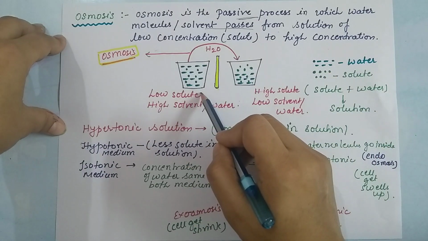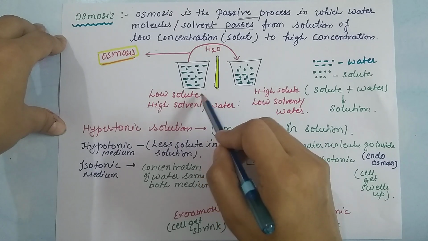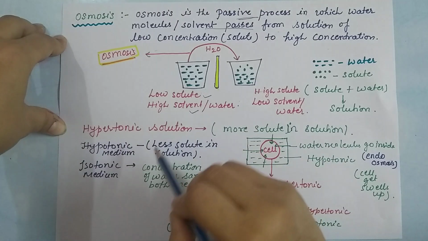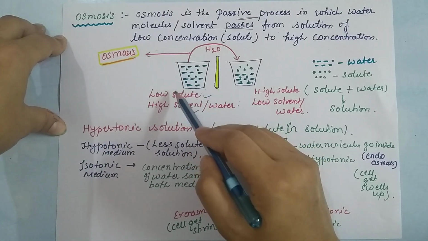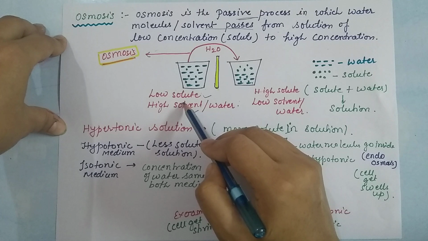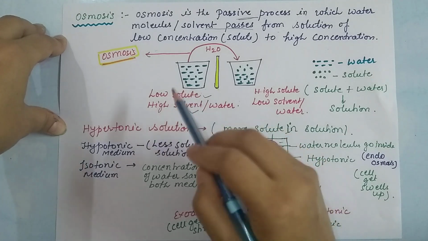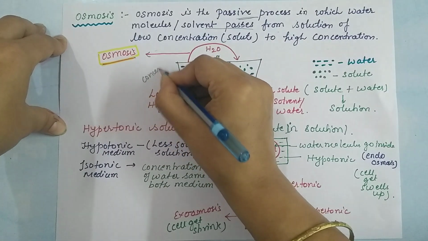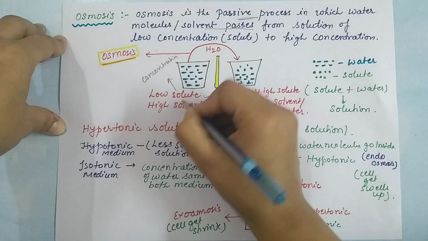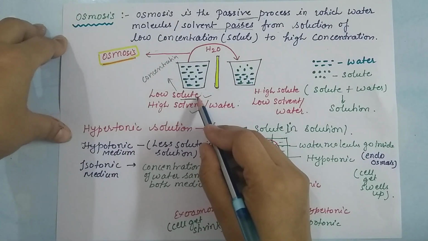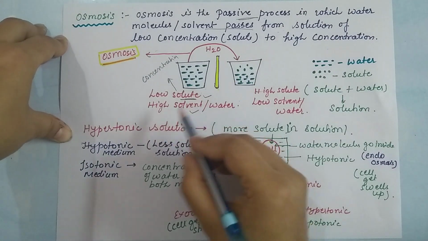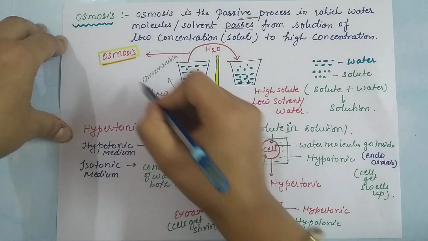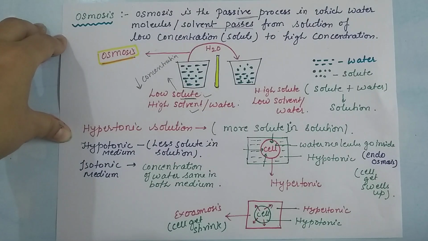Here there is a glass in which solute particles are low but solvent particles are high. Concentration is basically used for the solute. So it is a solution containing less solute particles, so it has a low concentration.